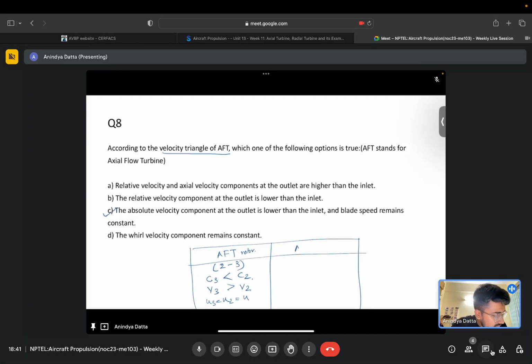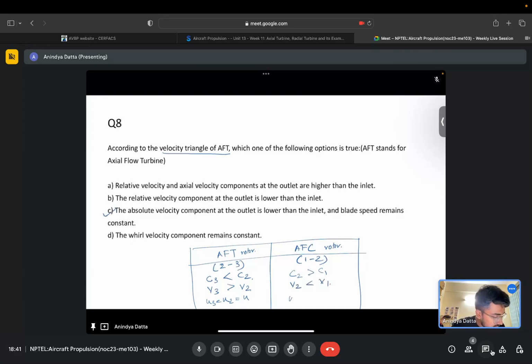Now if I write the same thing for the axial flow compressor rotor, where 1 is the inlet and 2 is the outlet, you will see that the outlet absolute velocity is higher than the inlet, while the outlet relative velocity is lower.